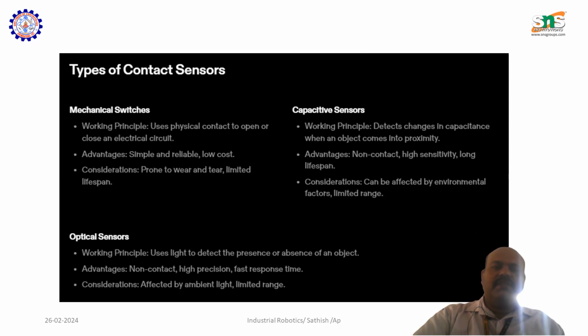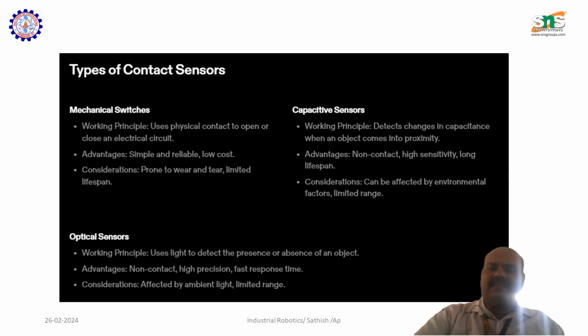The working principle of mechanical switches is that they use physical contact to open or close an electric circuit. Like the switches used in our domestic electric line, we have a line which is coming in.